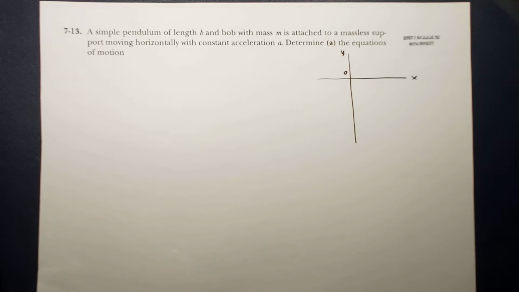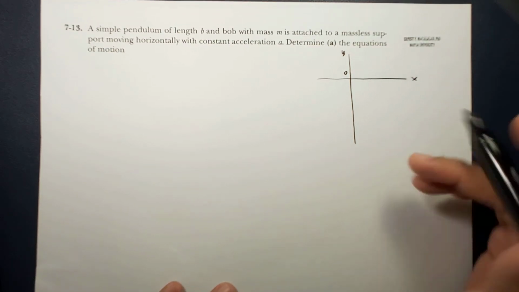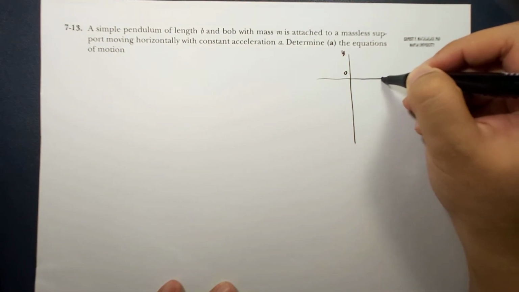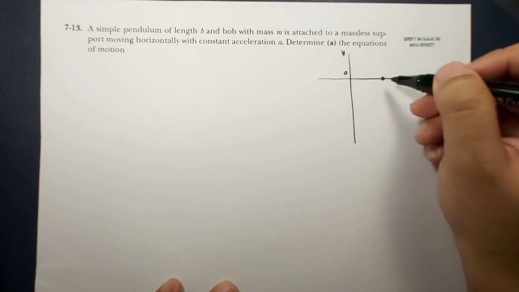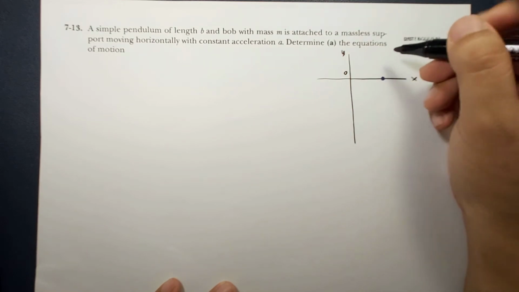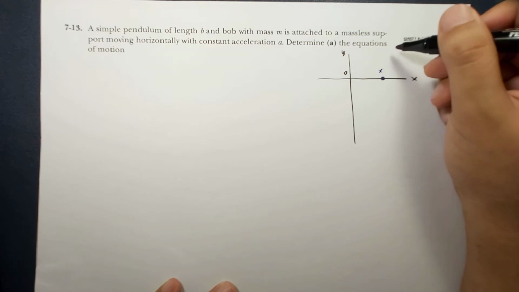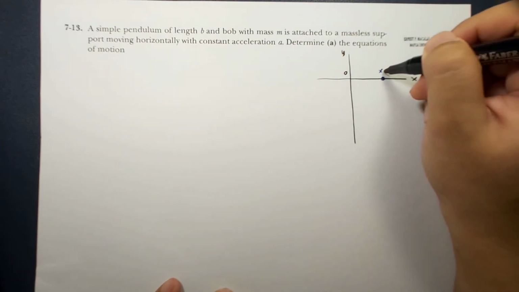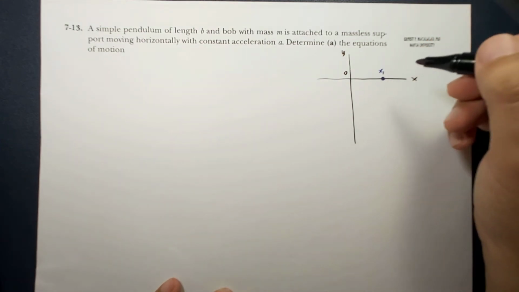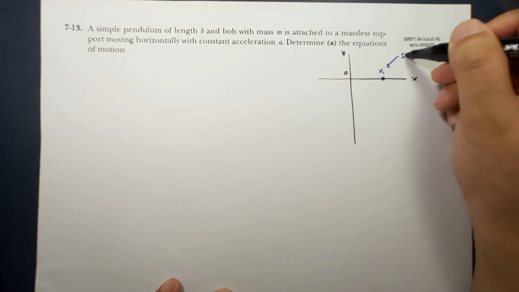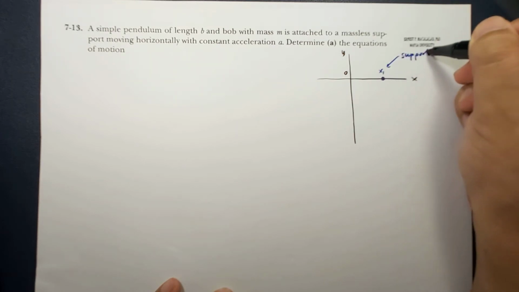At any given time t, the particle is at this position, and this is where your support is located, at x1.